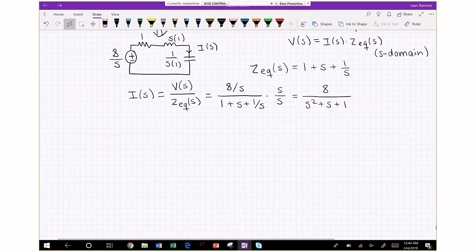So according to my table, I'm going to do this in a different color. A time domain function e to the negative at times sine omega t has a Laplace transform of omega over s plus a squared plus omega squared.